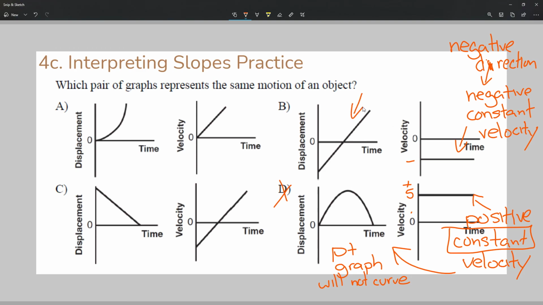Your position time graph is saying that you're traveling in the positive direction. So these two graphs don't match. This VT graph right here says you're traveling in the negative direction. This PT graph says you're traveling in the positive direction. So that's automatically wrong.